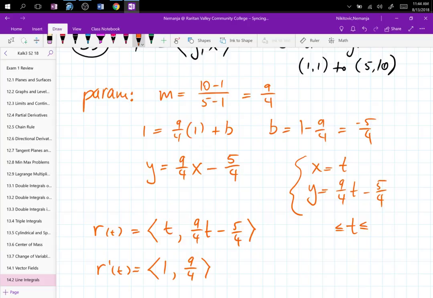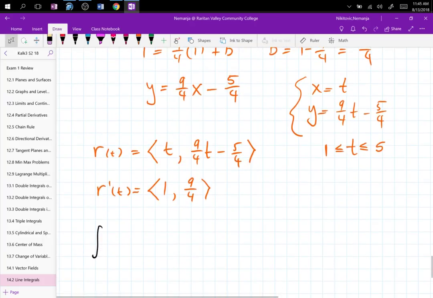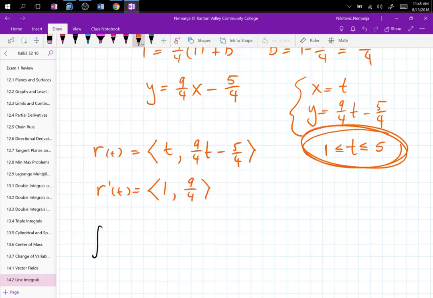If t is equal to 1, we start, because x equals 1, and then y would equal 1. Now, what is my other side? It's 5, right? You plug in 5, that's a 45 minus 5 over 4, that's 40 over 4, 10. Good. Don't forget this piece. You'll remember it when you have to put the limits and you don't have them. Here they are, 1 and 5.